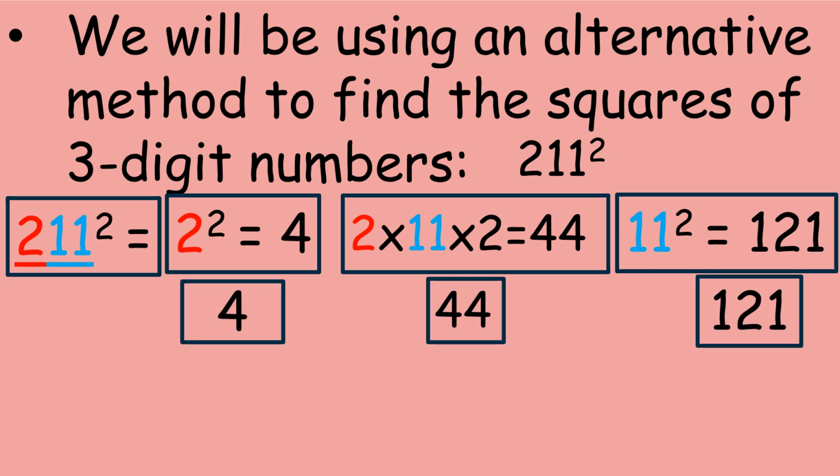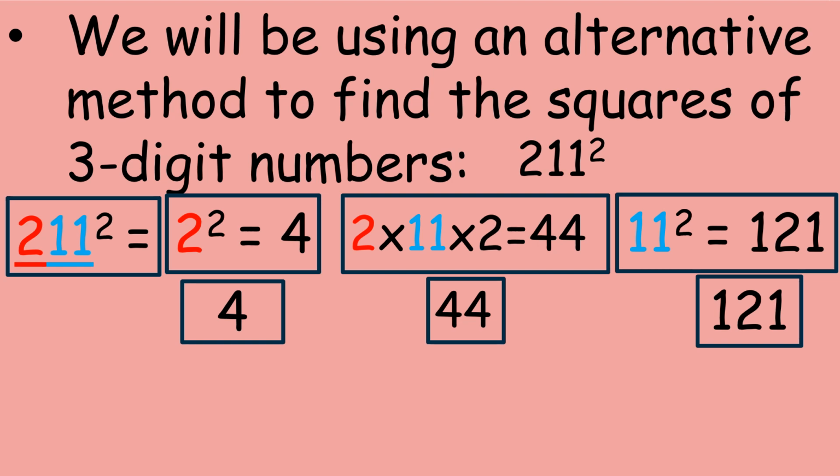So we have three terms. Let me just come again. The first term is obtained by squaring the 2. So 2 squared is 4. The third term is obtained by squaring the 11, 11 squared, which is 121.